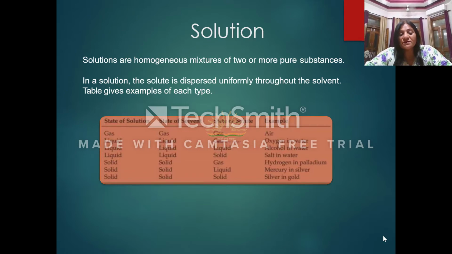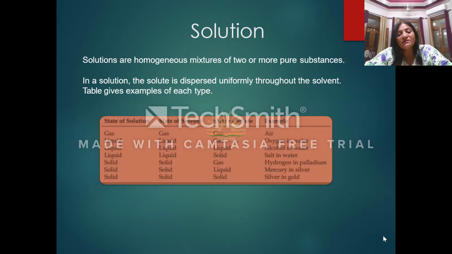Now the solid solutions. When the solvent is solid and the solute is gas, the example is hydrogen in presence of palladium metal, platinum metal and nickel metal. You have already studied in class 11 the process of hydrogenation, in which we add hydrogen in presence of these catalysts.